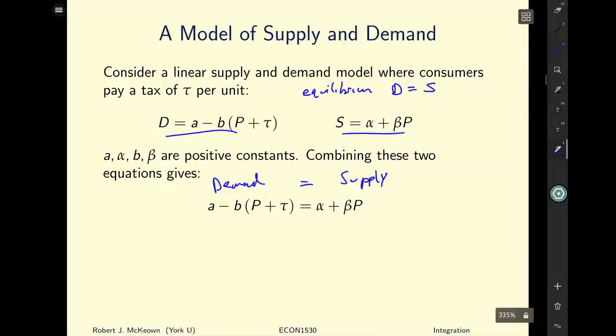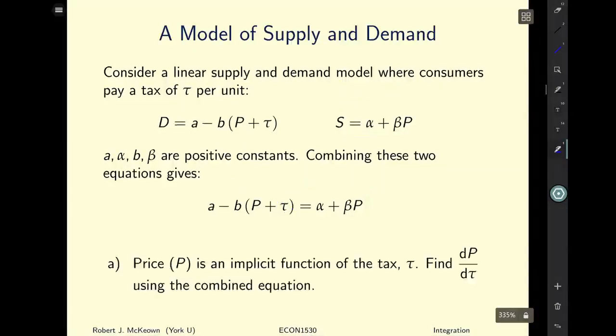We've got a tax. This tau represents a tax. And there's going to be a tax associated with the price, added on top of the price. Now we want to remember that price is going to be a function of the tax.